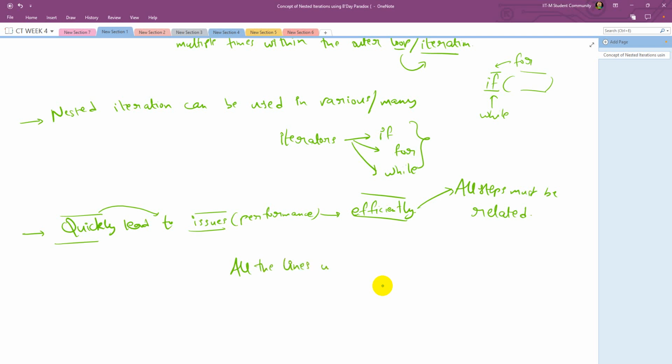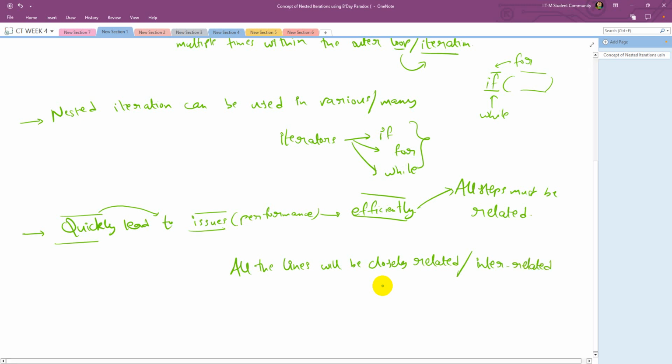All the lines will be closely related, or in another way we can say they are interrelated. This is what efficiently means.